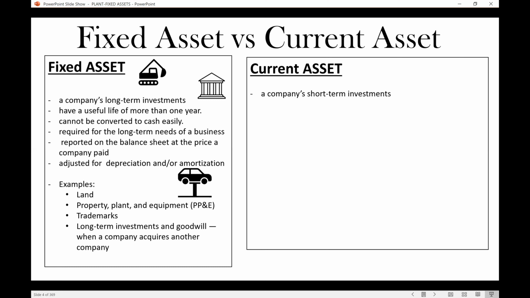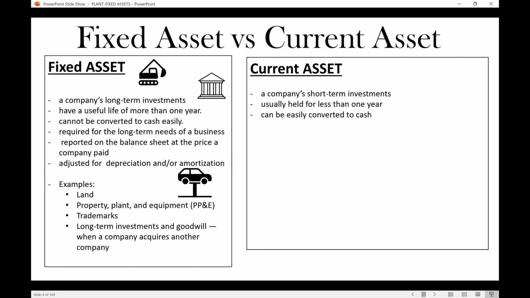So let's turn our eyes to what our current assets are. Just by the first point, a company's short-term investments, we can see it's likely going to be the opposite. Because if it's not fixed, if it's not long-term, it's short-term, right? Current assets are usually held for less than a year, up to 1 year.